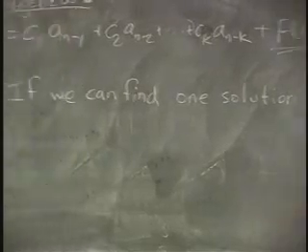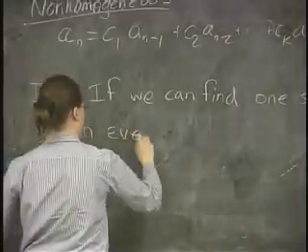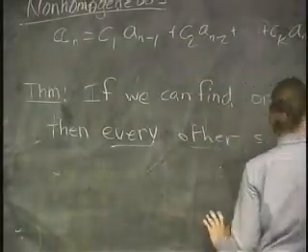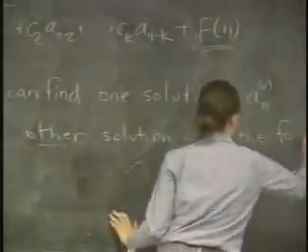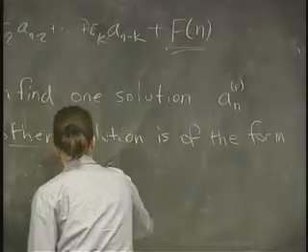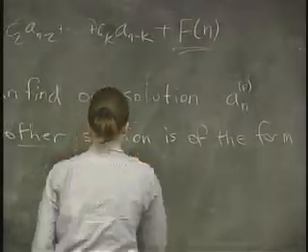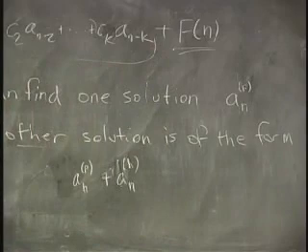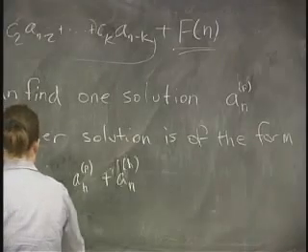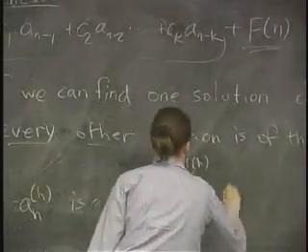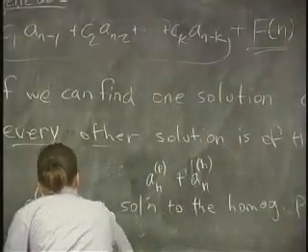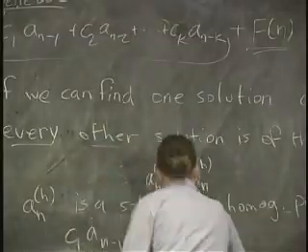Then every other solution is going to be of the form a_n^(p) plus some other a_n^(h), where a_n^(h) is a solution to the homogeneous part: c1 a_(n-1) plus and so on, plus c_k a_(n-k).